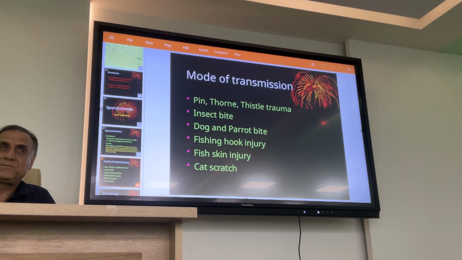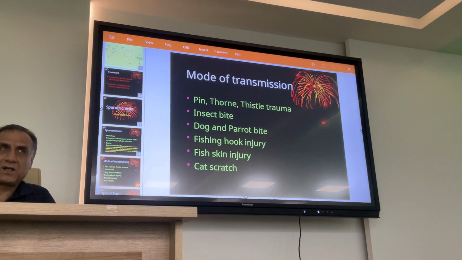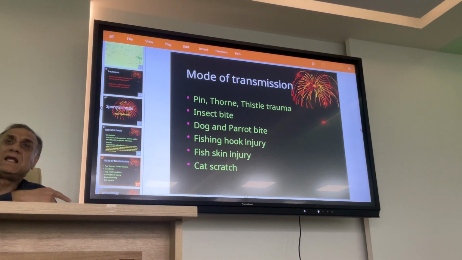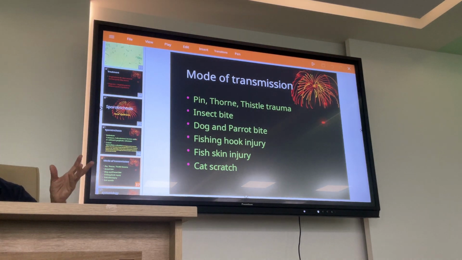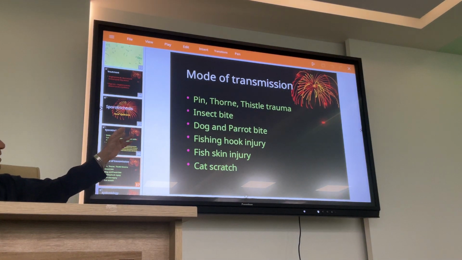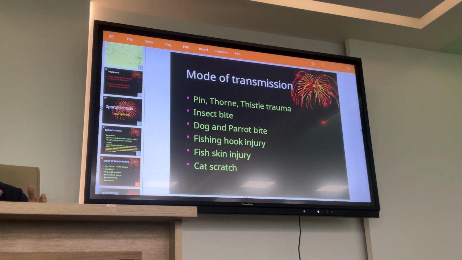It has a cycle in the insect. But in mechanical transmission, only the insect bite transfers it from the flower to the wound. Did you study parasitology?